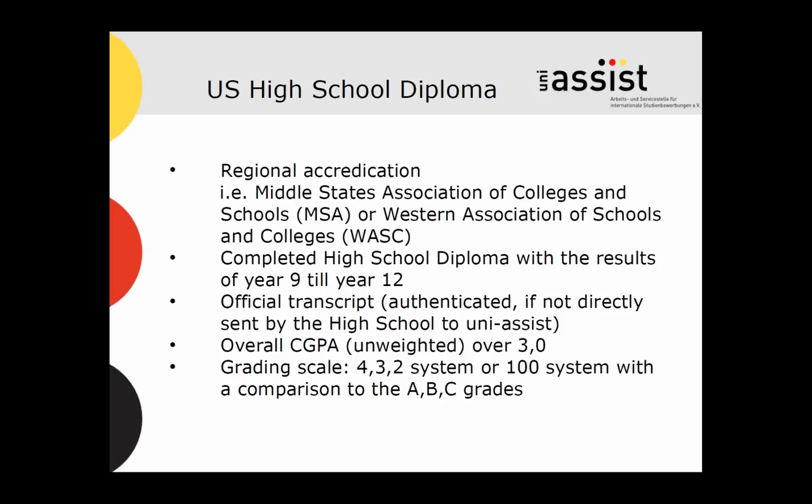What is also very important is that we need the overall unweighted CGPA on the transcript. That must be over 3.0. It's really important that it's unweighted. If it is not mentioned, then we need an additional confirmation.